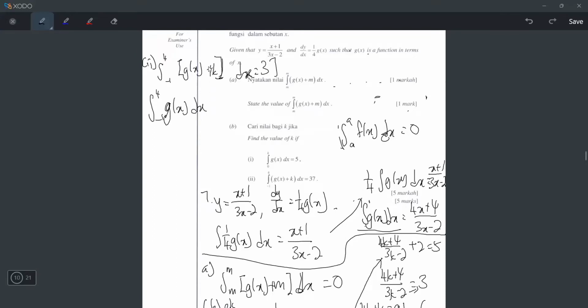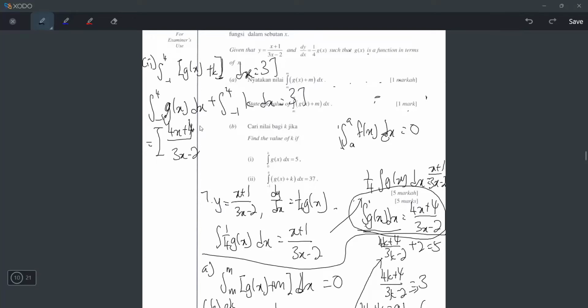And then you will follow whatever the sign here. So it's plus, so I also put plus. And then integral from negative 1 to 4 of k dx equals to 37. And for integrate from negative 1 to 4 gx dx, you can just look here, and you see integrate gx dx is what? 4x plus 4 over 3x minus 2.